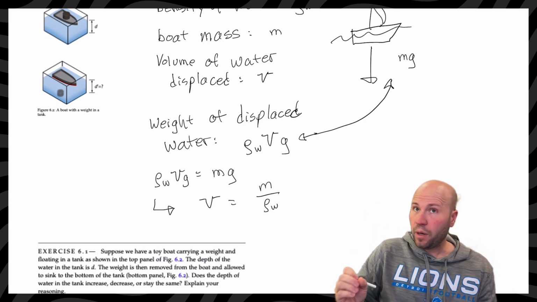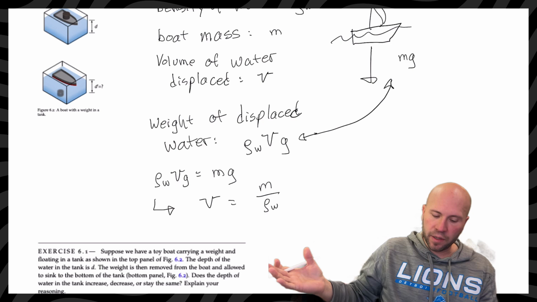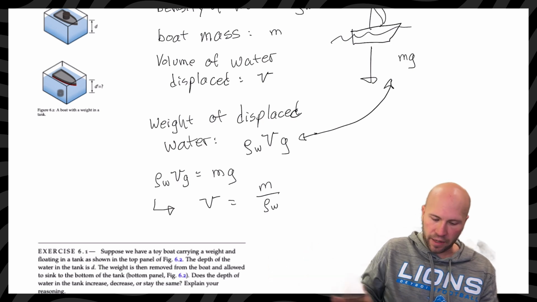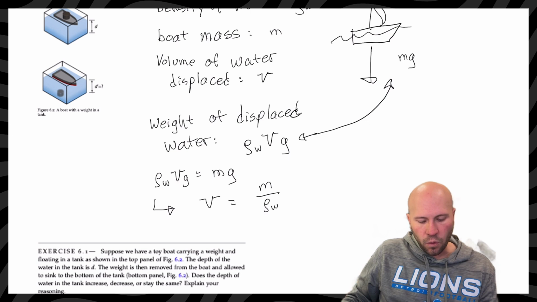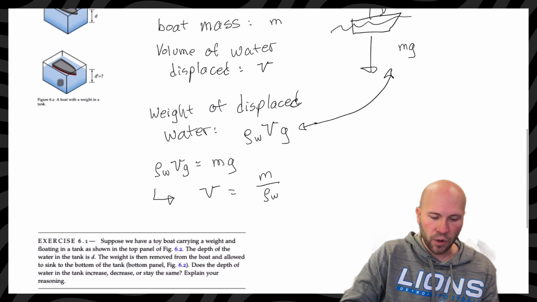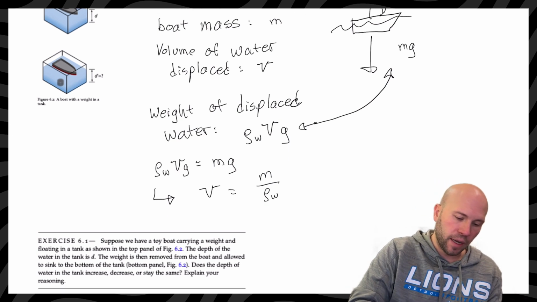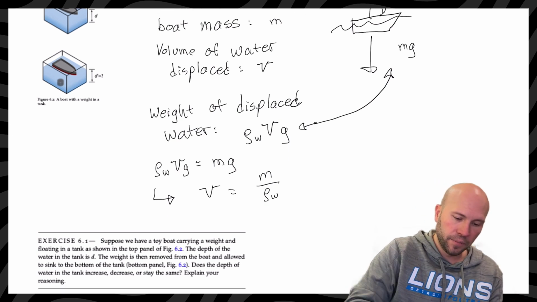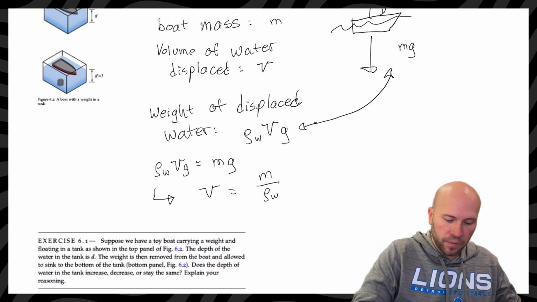The weight in the boat is then removed and dropped to the bottom of the water. It sinks to the bottom of the tank, bottom panel. Does the depth of the water in the tank increase, decrease, or stay the same? Explain your answer.